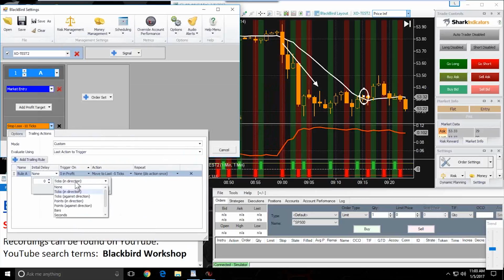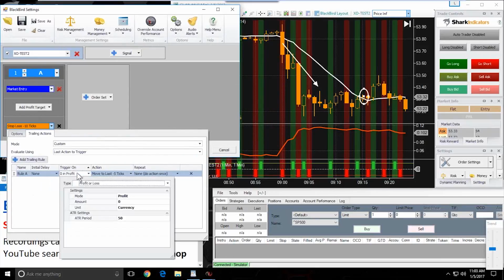You'll notice that with the initial delay, you can look for a profit in ticks, or a loss in ticks. You could look for a profit in points, or a loss in points. So there are some similarities between the initial delay and the trigger event here.